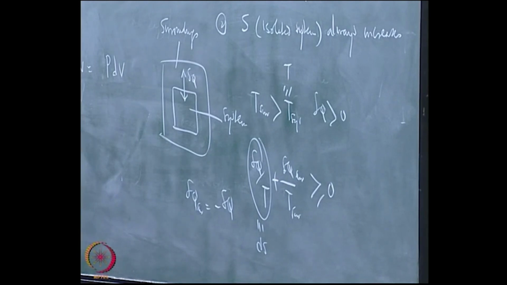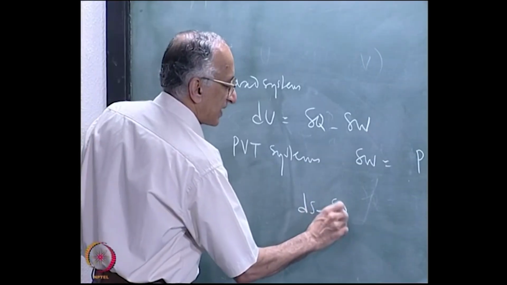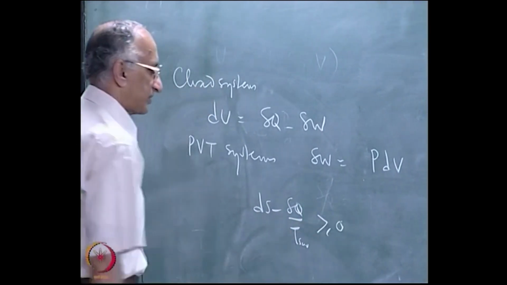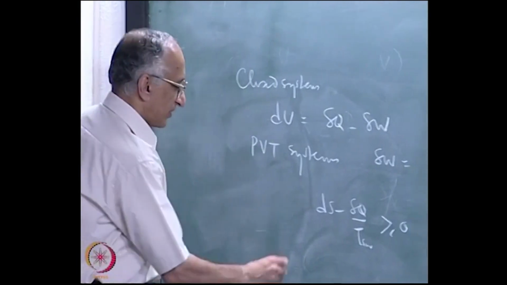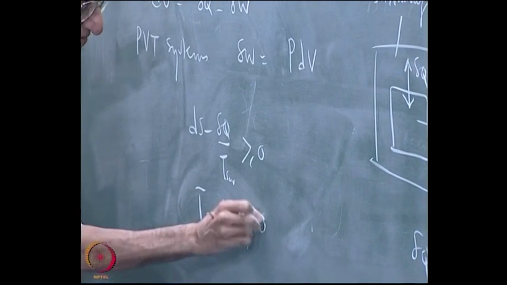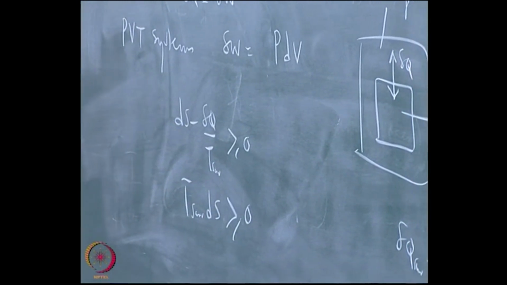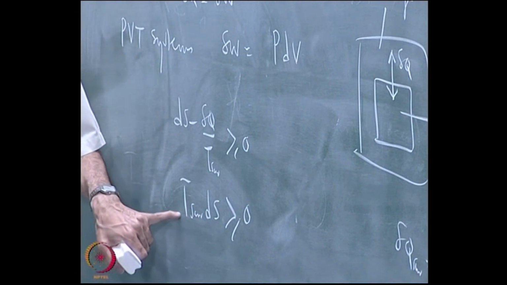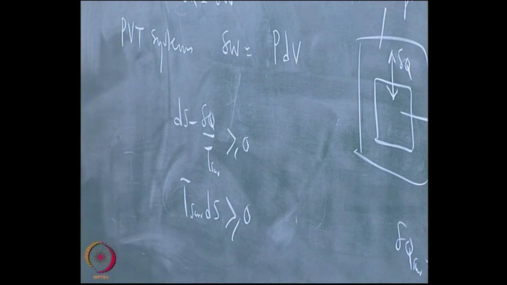So I have dS minus delta Q by T surroundings is greater than or equal to 0, or you get T surroundings times dS is greater than or equal to 0. You have to find the smallest value of T surroundings for which it is valid for you to generalize the result.